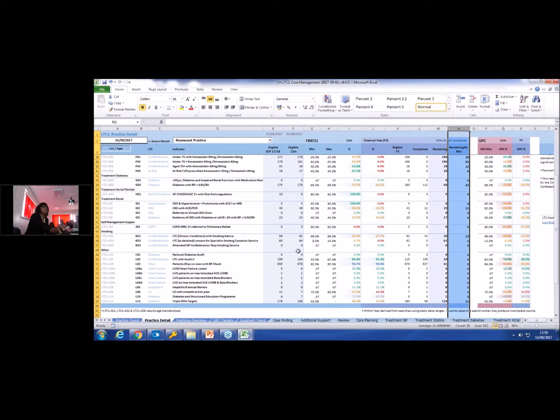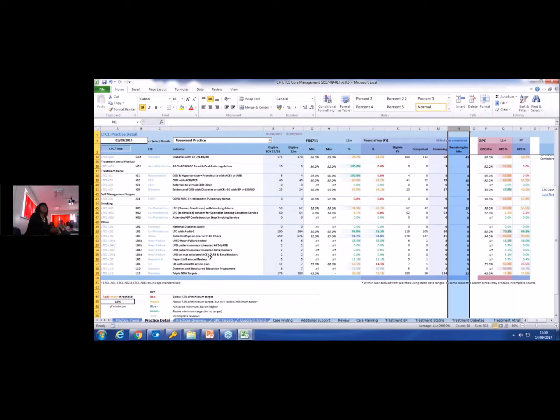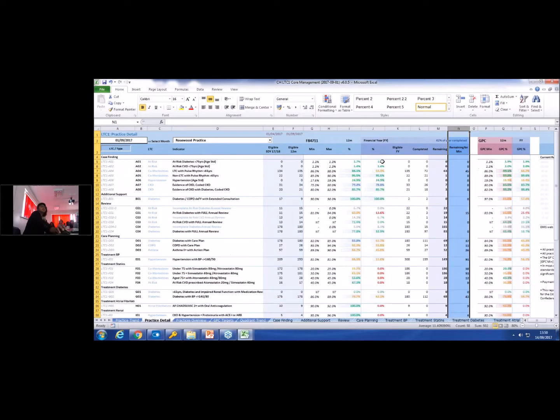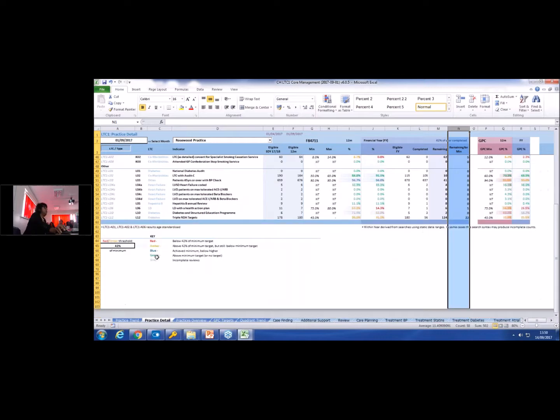Another useful thing in this dashboard is the color tag. We have a system of color codings. First of all, you've got your percentages down here. Through the financial year, this is how much you've achieved for your targets, and they're all color coded. If it's green, that means you have already achieved your minimum target.